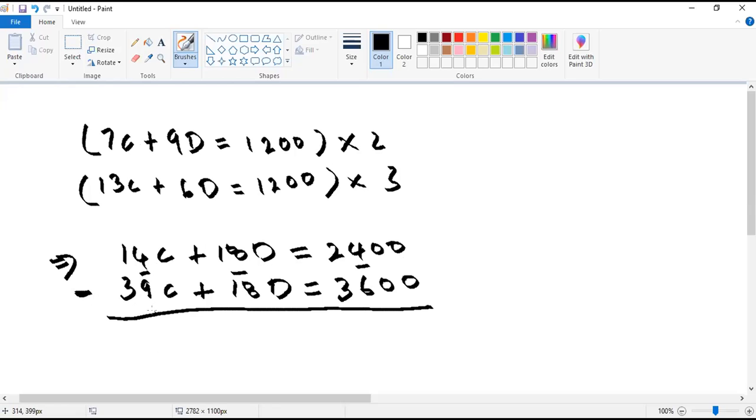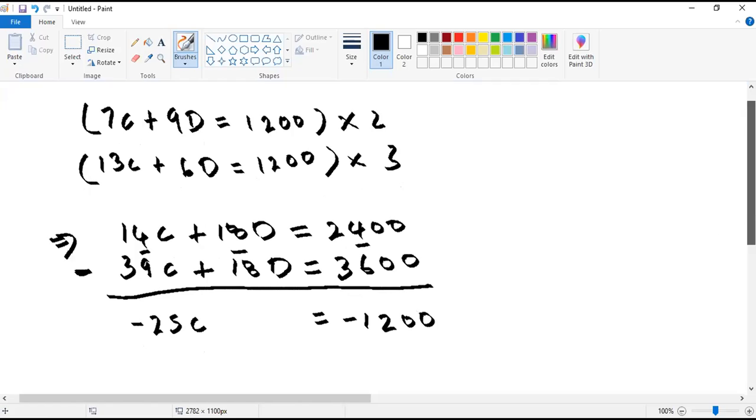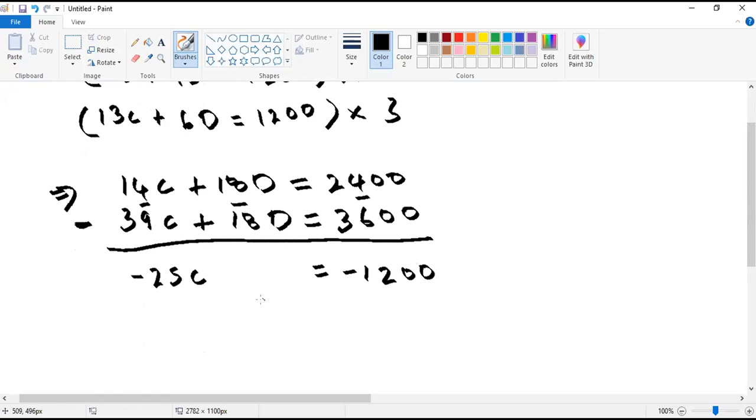So what would be the result of this now? We have 14 minus 39, that gives us minus 25C. Of course, the D terms get eliminated because that was the whole plan. And then we'll have negative 1200. So all we have to do now is divide both sides by negative 25.